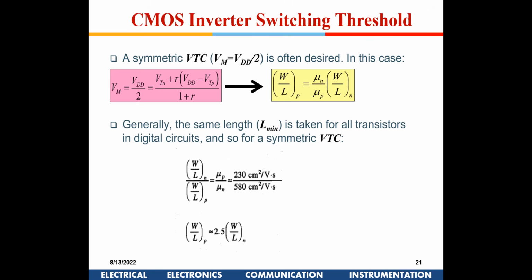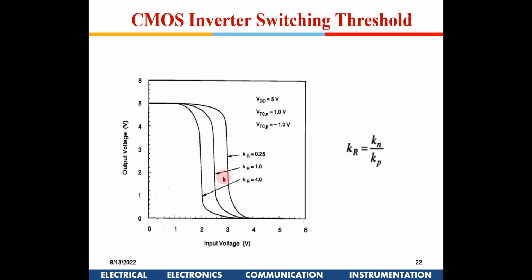Okay, let me move ahead from there. Now if you see here, KR I have defined as Kn by Kp. If I increase KR, that means I am making the N transistor stronger. That means I am not keeping this in a ratio 2.5. For KR to be 1, I have to keep 2.5 times width, because K includes the mu also, right?